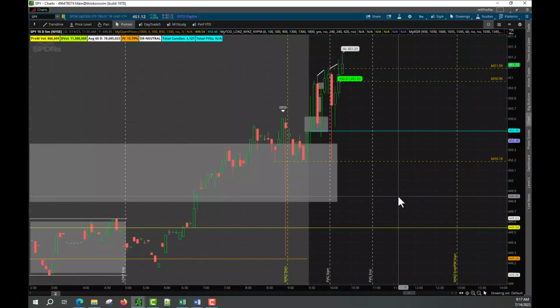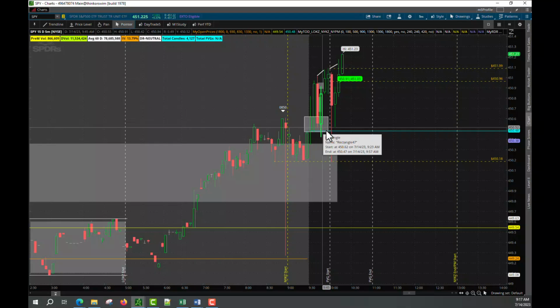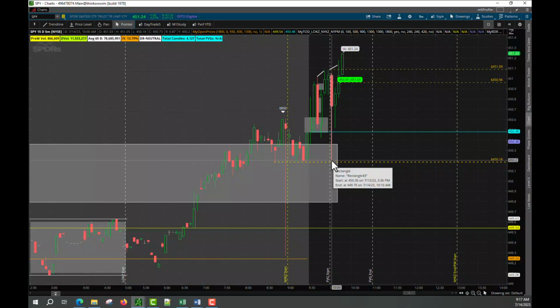Here, our setup is right, and the entry is, however, it was not reliable. Right, let's go with the entry right here. A 10.